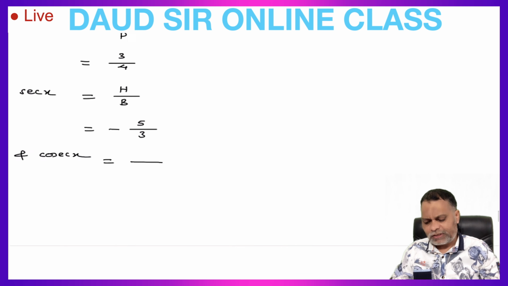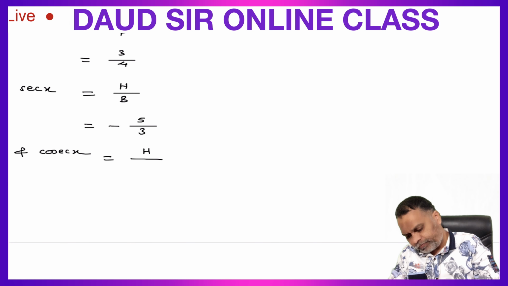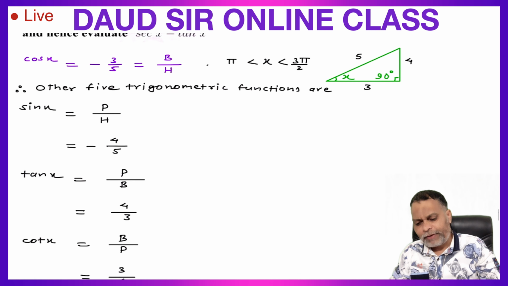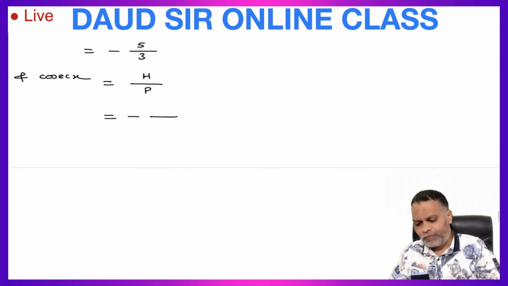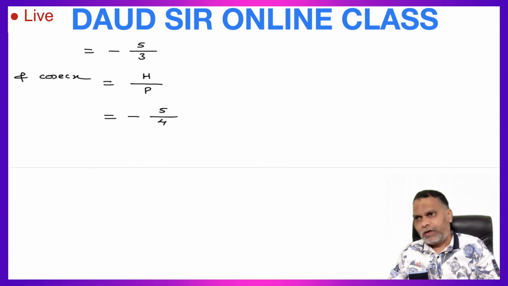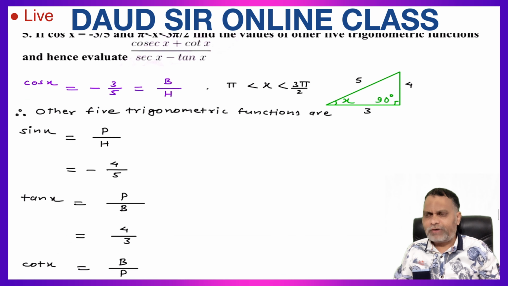Ratio or function is the same thing. Hypo upon perpendicular. Cosec x is negative in the third quadrant, so minus sign. Hypo is 5 and perpendicular is 4, so minus 5 upon 4. Now we have calculated the values of all 5 trigonometrical ratios.